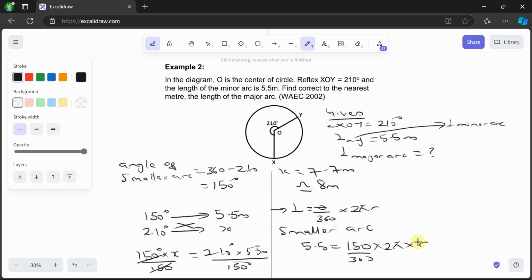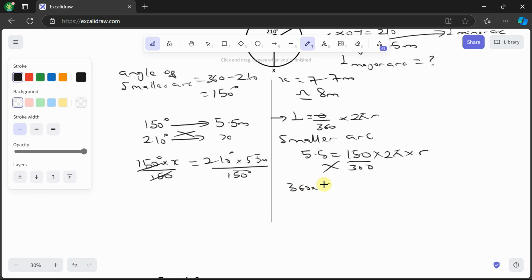I don't know r. So if I cross multiply, this would be 360 times 5.5 is equal to 150 times 2 times pi times r. So I'll divide both sides by 150 times 2 times pi, and this will cancel this.